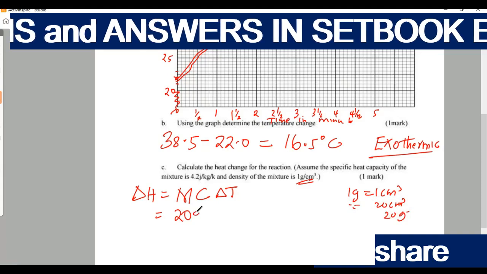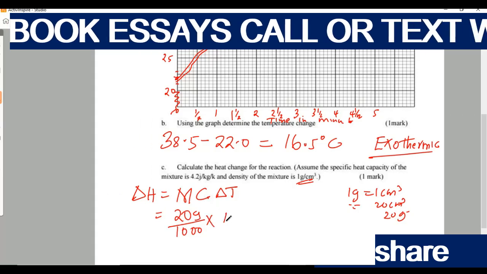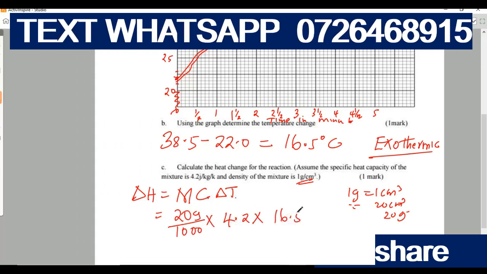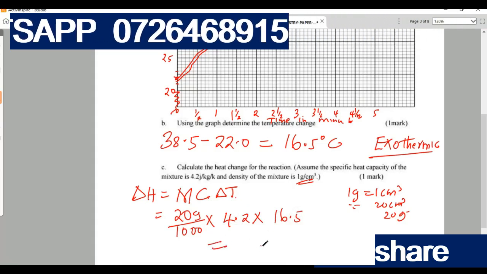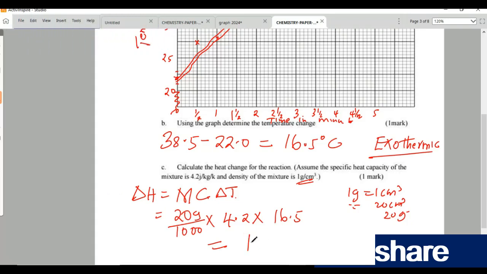So this is 20 grams divided by 1,000 to change it to kilograms, times specific heat capacity 4.2, times temperature change 16.5. Right, so this one will give us 1.386 kilojoules.